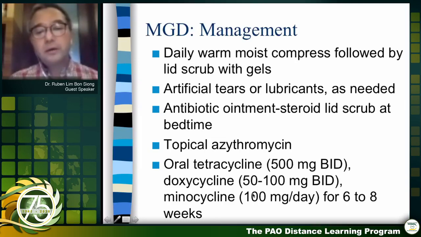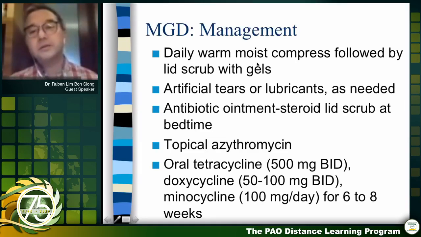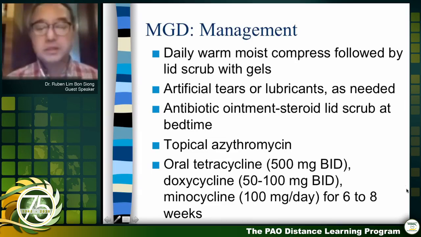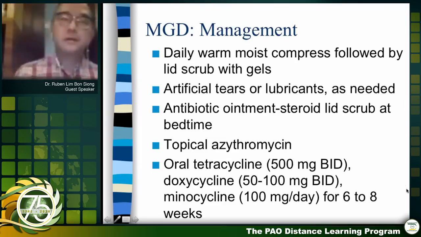So in severe cases, long-running severe cases that are recalcitrant to your conservative management, like warm compresses, lid hygiene, and lid scrub, if these don't work, then you have to start giving them oral doxycycline 100 milligrams.